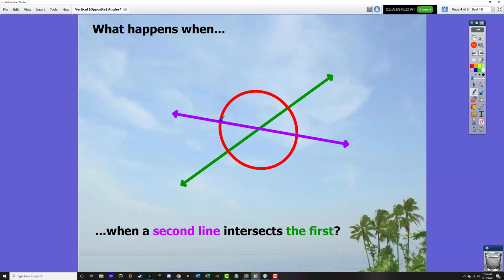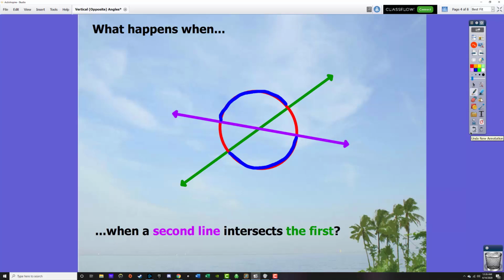As you can see, we have 1 angle right here in blue. We have a second angle right here in red. We have another angle here in blue, and then another angle here in red.